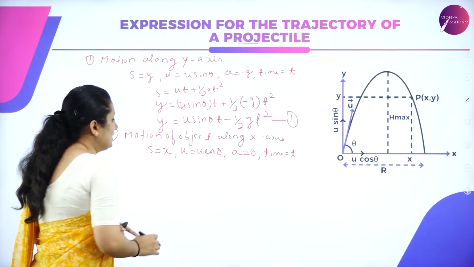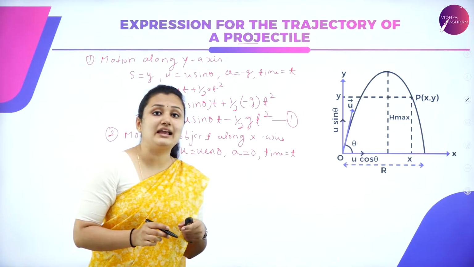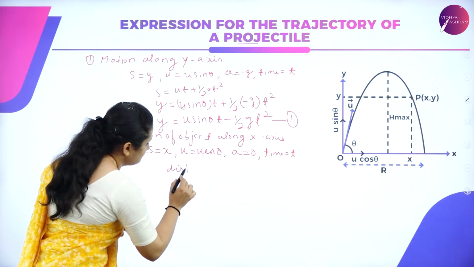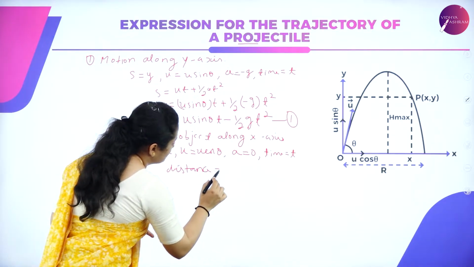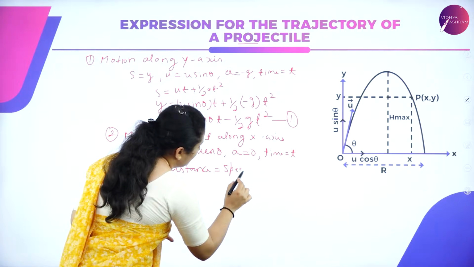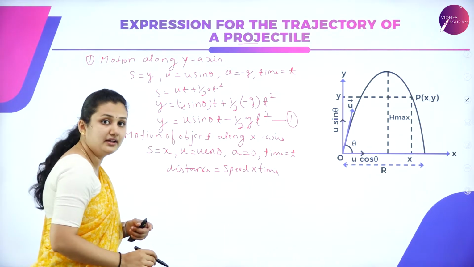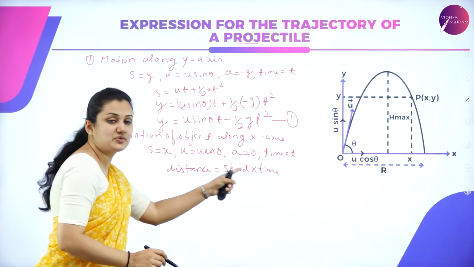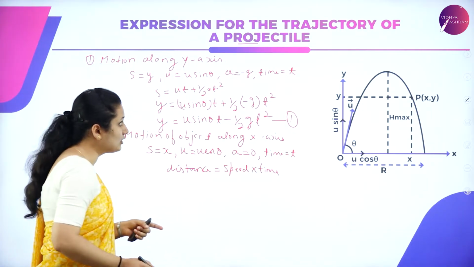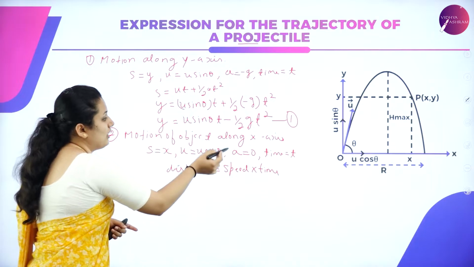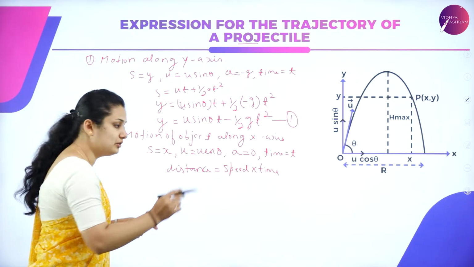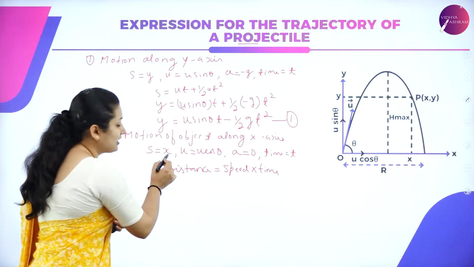t. Similarly, in the x-axis, how will I calculate the distance? Distance is equal to speed into time. What is speed? Distance by time. So, distance is equal to speed into time, because a is 0. What is the distance travelled along the x-axis?